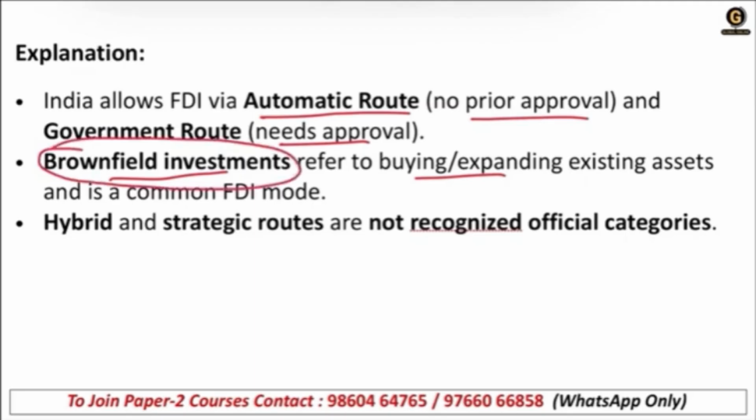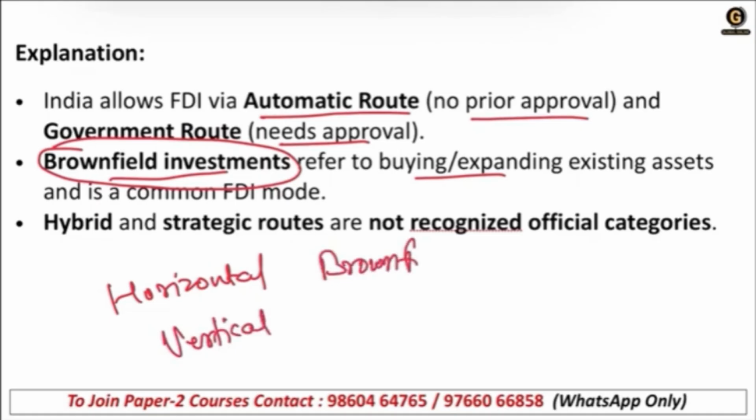We have already covered all the types, like horizontal, then vertical, brownfield, and some other types of FDI in the theory session. Greenfield is also there.